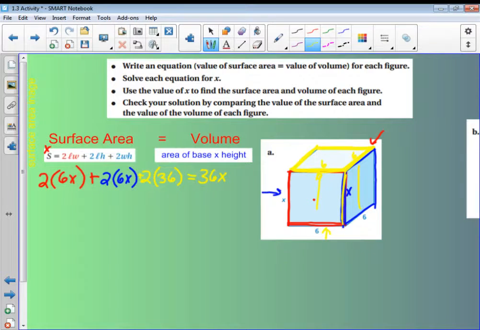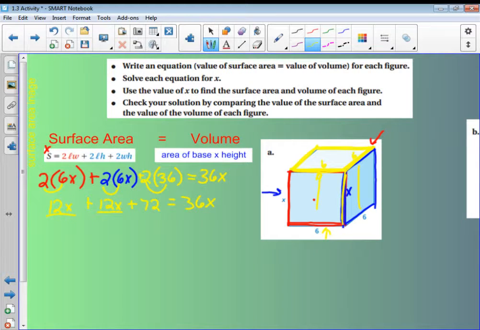Now I'm going to simplify my left half here. I've got 2 times 6 is 12x, plus 2 times 6 is 12x, plus 2 times 36 is 72, equals 36x. I can simplify a little more using combining like terms.